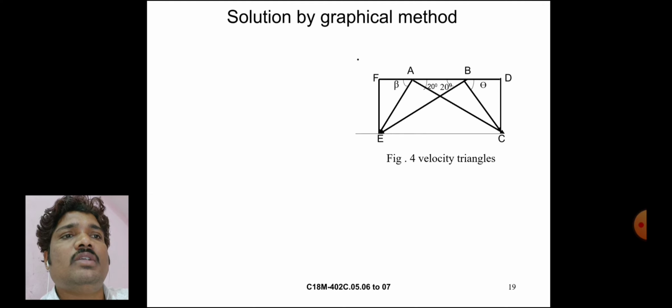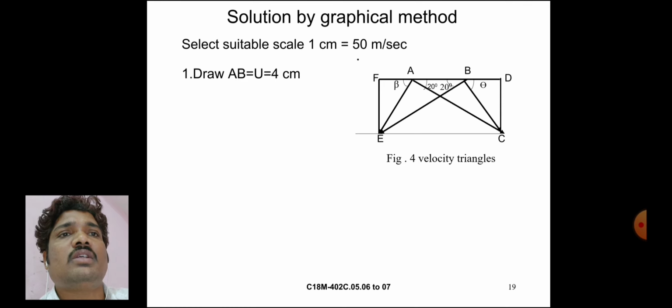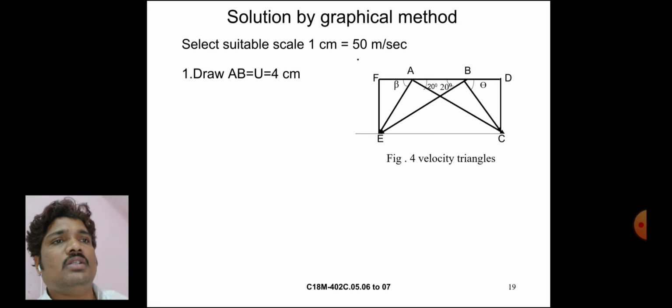Solution by graphical method. As shown in figure 4, velocity triangles. Select suitable scale, 1 centimeter is equal to 50 meter per second. First of all draw AB.